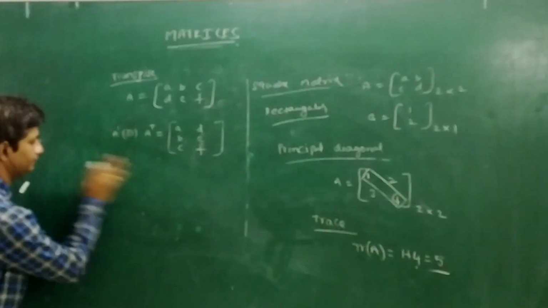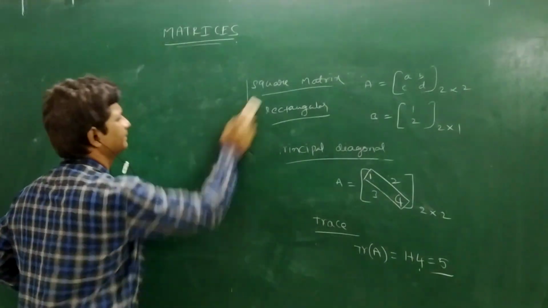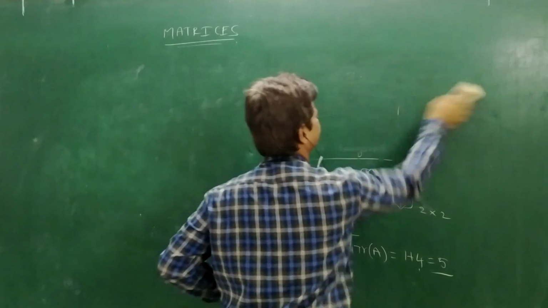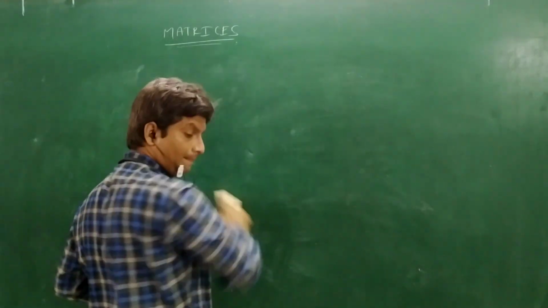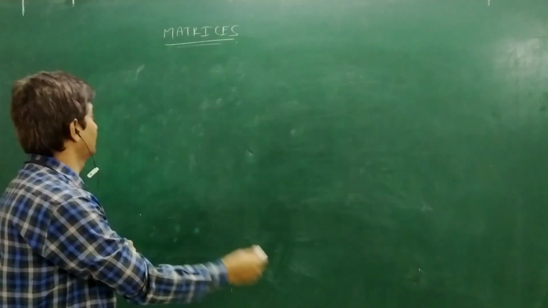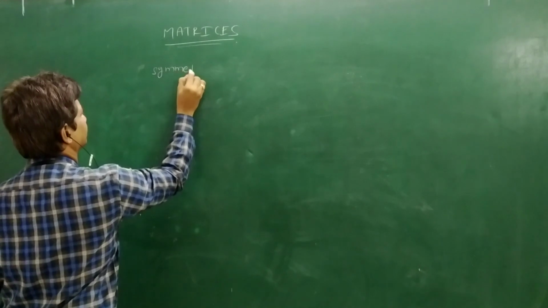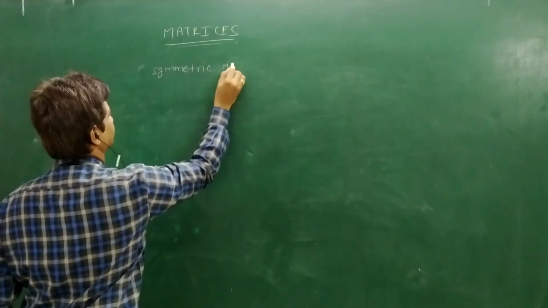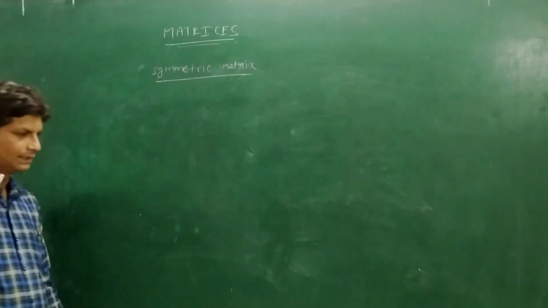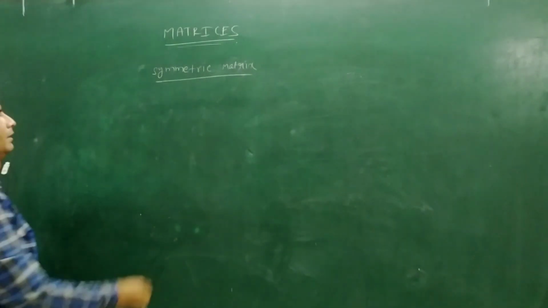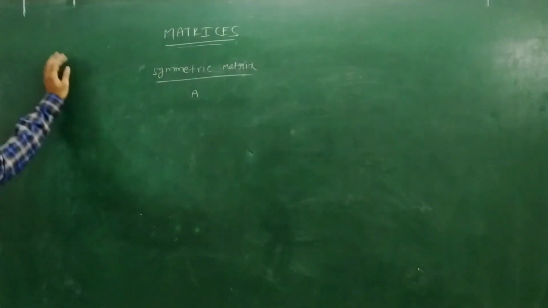Next, we have some important definitions here. Symmetric matrix. What is a symmetric matrix? Let capital A be a square matrix.